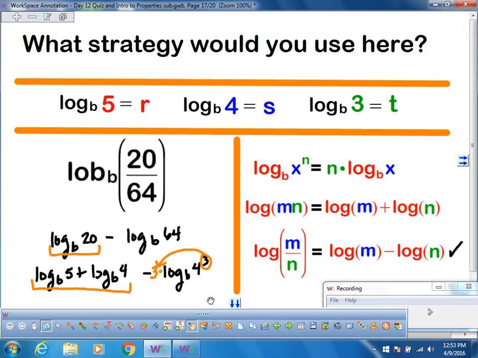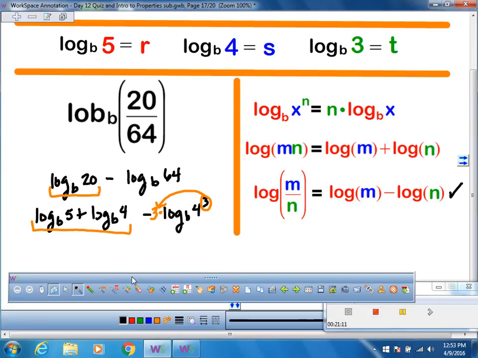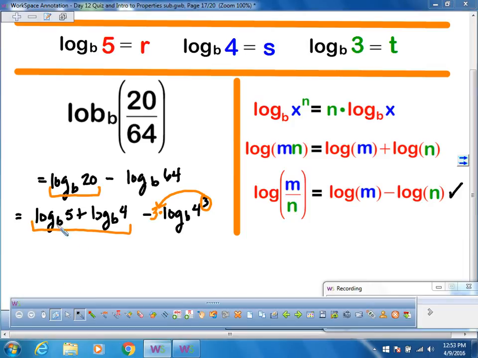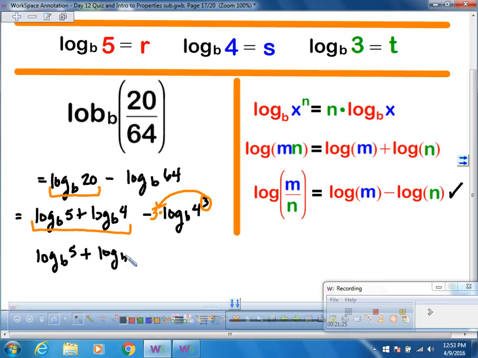All right, let's keep rewriting. Need equal signs here. Equals, equals, and I'll just rewrite it. So log b 5 plus log b 4 minus 3 log b 4.